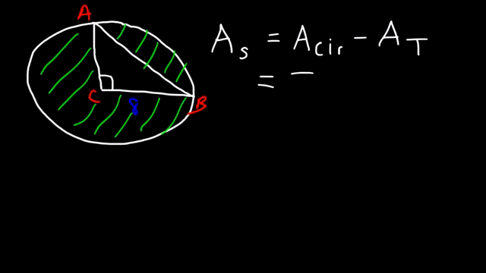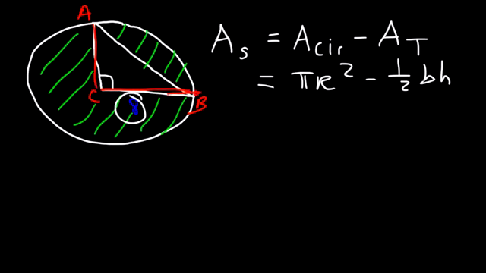To find the area of the shaded region, it's going to be the area of the large object on the outside, which is the area of the circle, minus the area of the object on the inside, which is the area of the triangle. So the area of the shaded region is going to be pi r squared minus 1/2 base times height. Now notice that 8 is the radius of the circle. The radius is the distance between the center of the circle and any point on the circle.